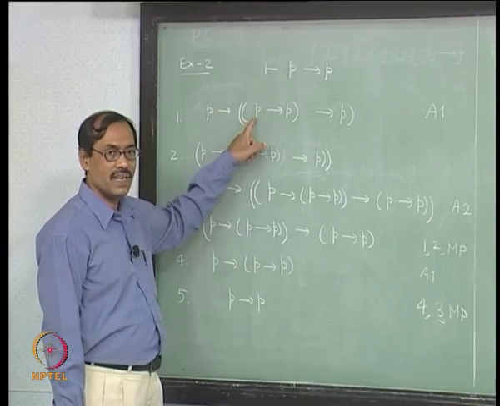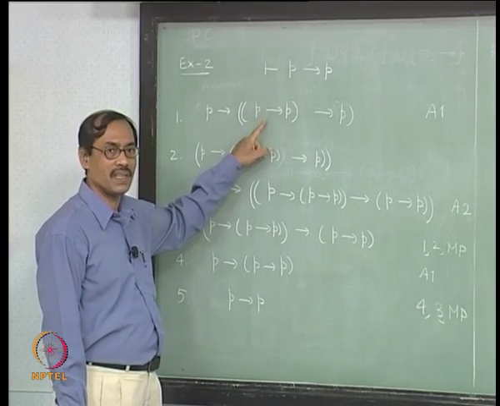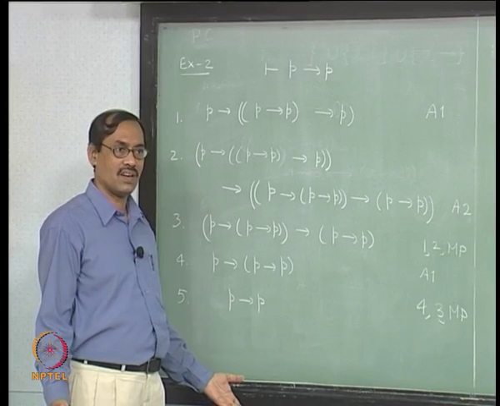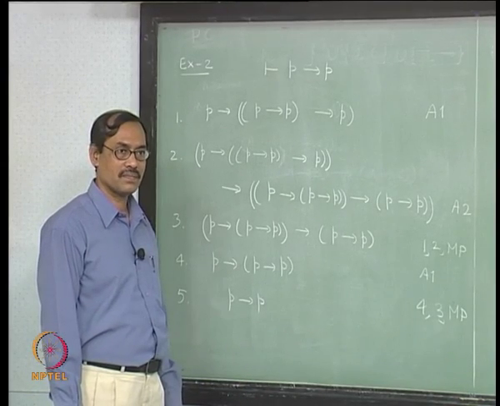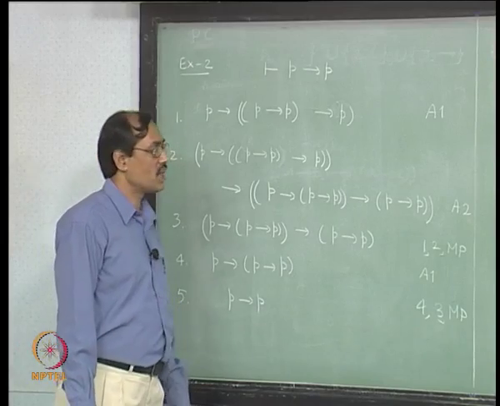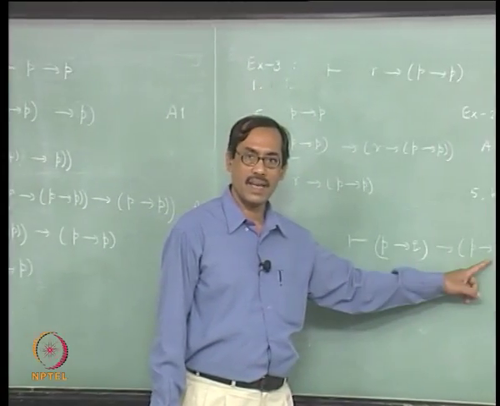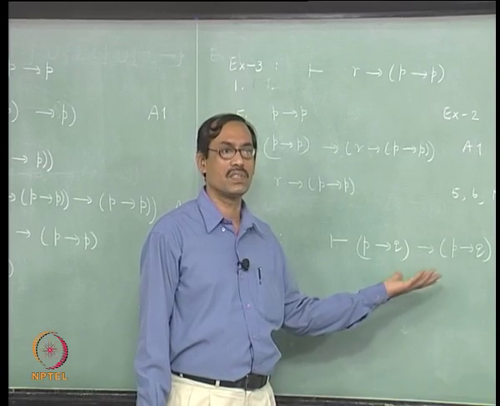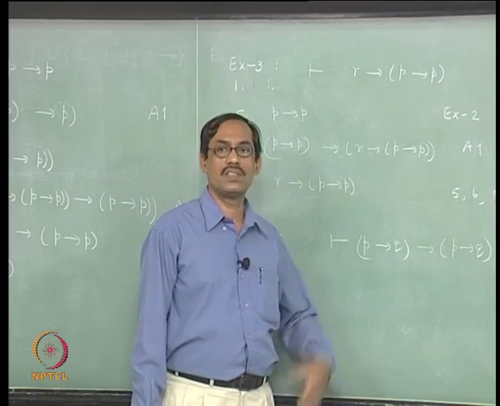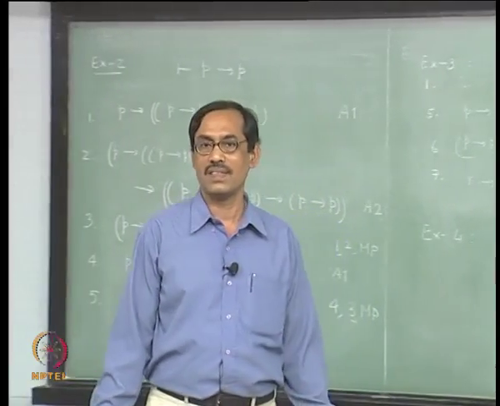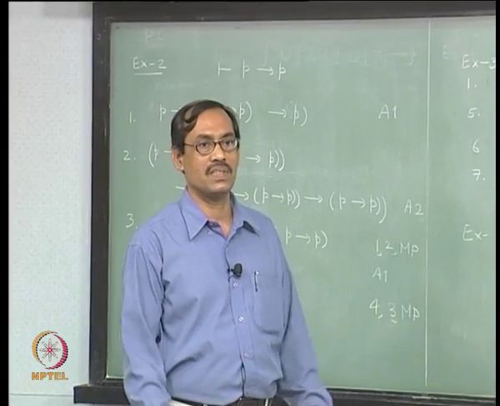So, instead of B taking P implies Q, I will take P implies Q implies P implies Q, that is still alright, that is also axiom 1. Okay. So, what it says is that if you have already proved P implies P, then you can use that as a theorem scheme. So, each theorem is a theorem scheme now, just like your axioms are axiom schemes, each theorem is a theorem scheme.